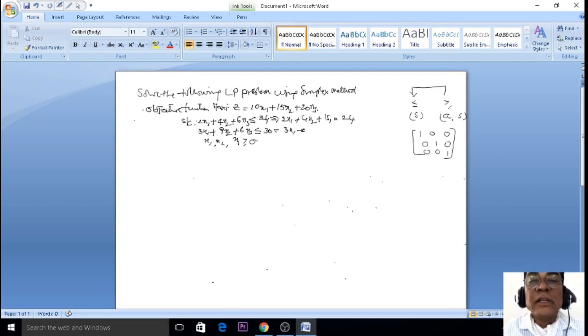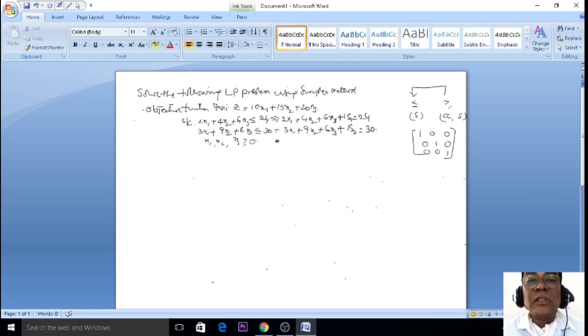So 3x1 plus 9x2 plus 6x3 plus 1s2 equal to 30.